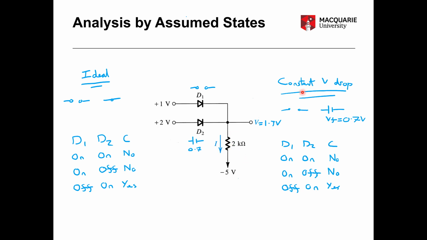And in the constant voltage drop model, we have 1.3 volts at V, and therefore 6.3 volts dropped across that 2 kilo ohm resistor. So that would lead to a different value for that current. And we can expect that the constant voltage drop model, if we're using a silicon diode, will give us a much more accurate answer for the value of V and for I than the ideal model.